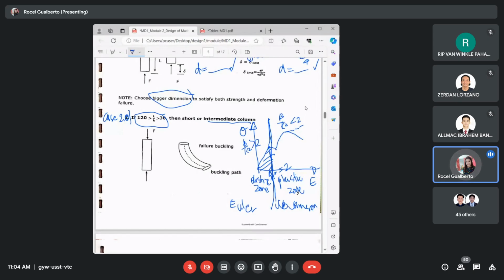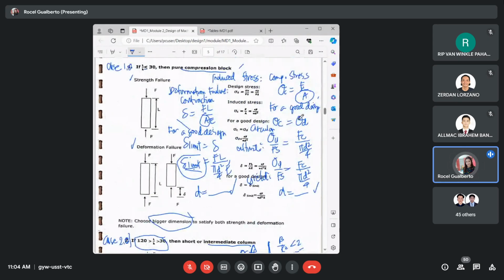Same thing po with case 1 and case 2. Okay, kung mapapansin nyo po, ano po yung boundary po ng dalawa. This is less than or equal to 30. Ito naman po, this is greater than 30. So, yung 30 po, yun po yung pinaghatian. Okay? So, ibig sabihin, kapag po siya ay 30, you can categorize that as a compression block or an intermediate column.